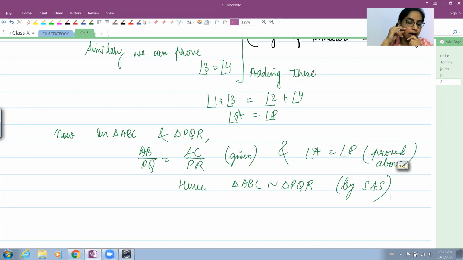CE is equal to RN, it's not given. Ma'am, when triangle AEC was similar to triangle PNR, angle 1 was equal to angle 2. Now, if angles can be equal, sides cannot be equal for triangles. Sides will be in proportion.